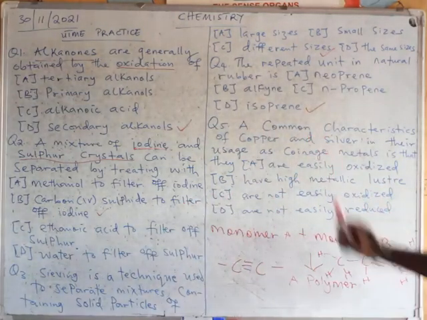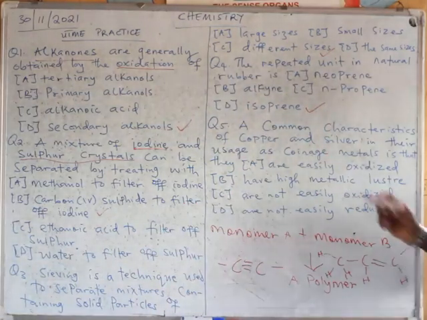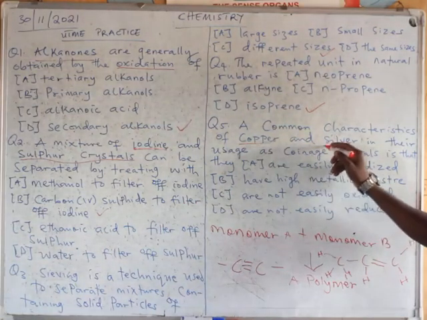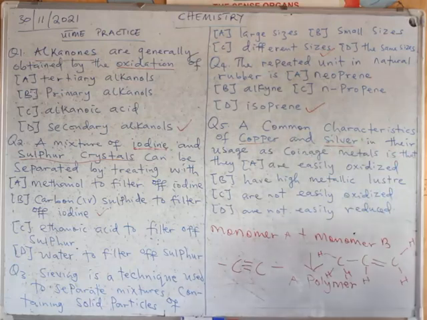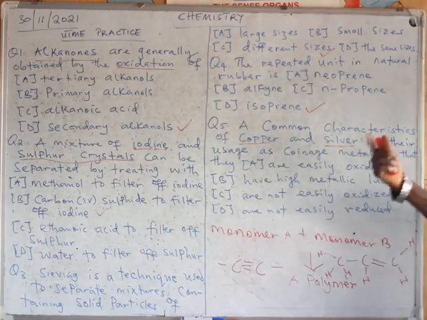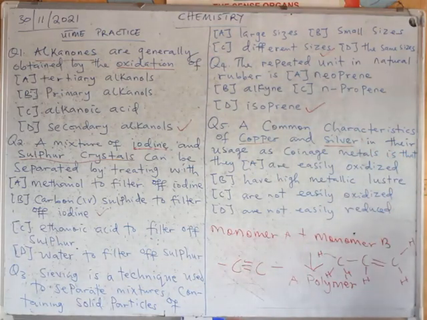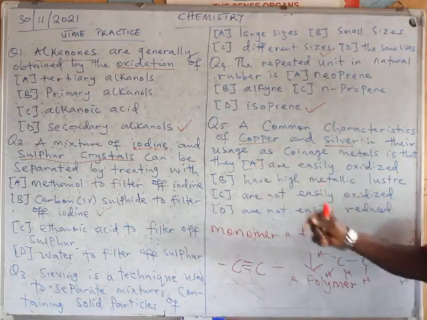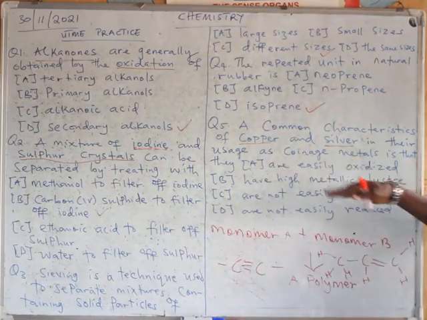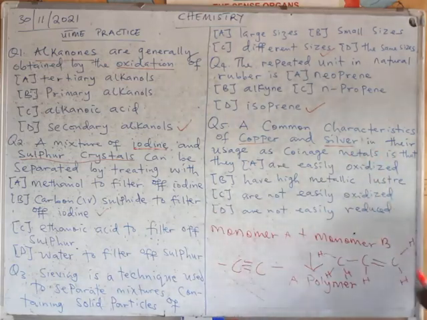So they use these important metals for the production of our coins: copper and silver. In that case, in their usage in the production of coins, is it A, because they are easily oxidized?